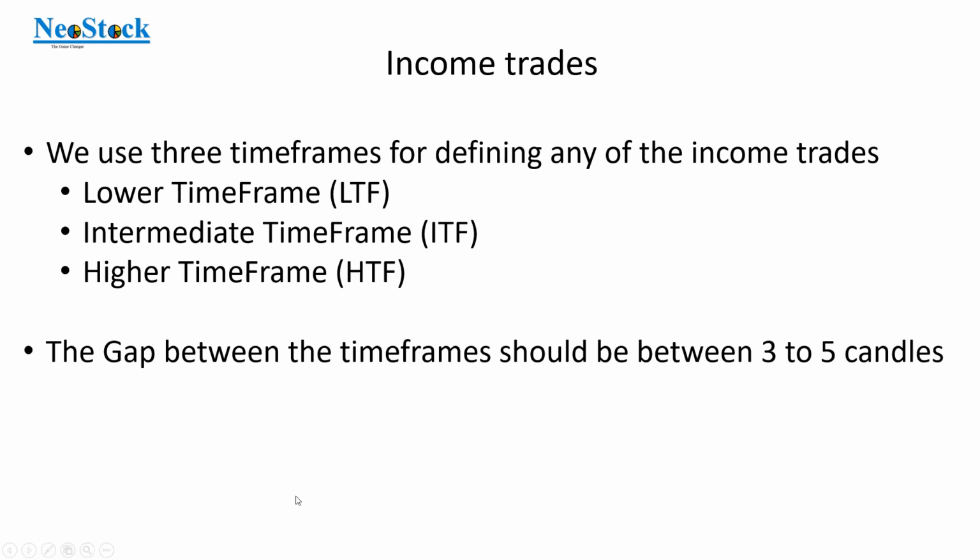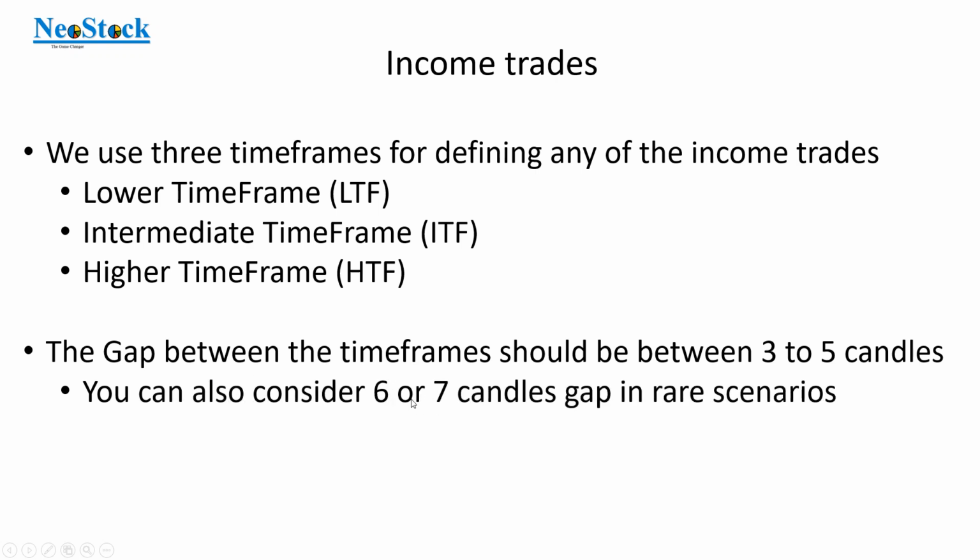But when you are referring to international markets like 24 hours markets, like Forex or crypto or maybe commodities, we have an exception. Instead of 3 to 5 candles, in some special scenarios, you can also consider a 6 or 7 candles gap in between 2 time frames.